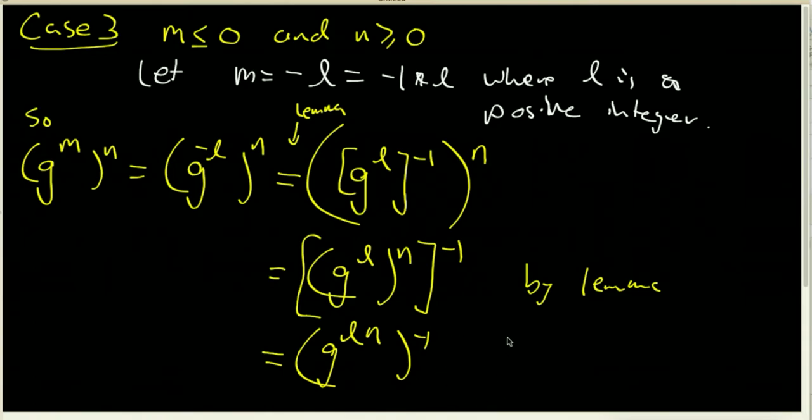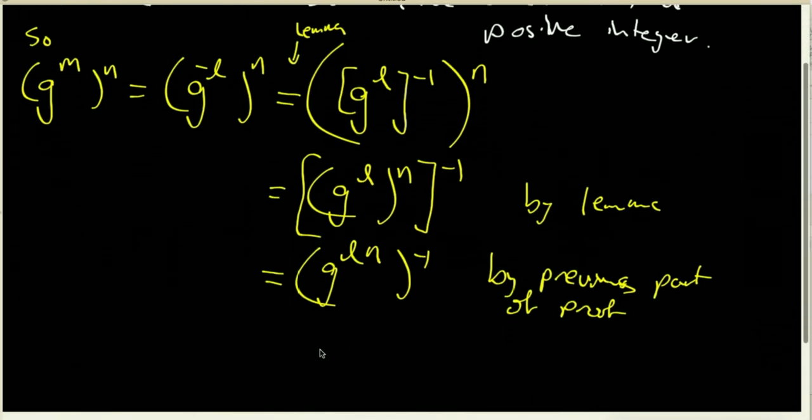So, by previous part of this proof. And once I have that, I can then use our lemma to say that this is g^(-Ln). So that's by our lemma.